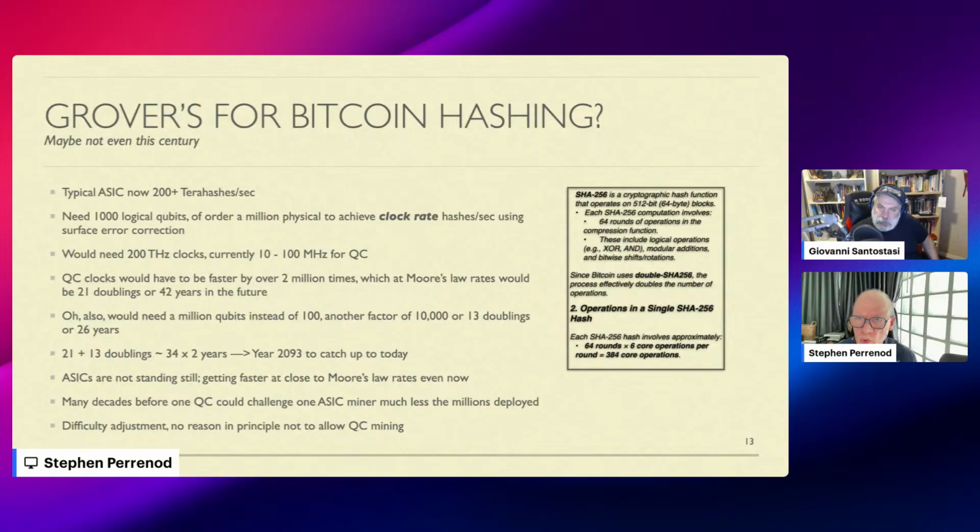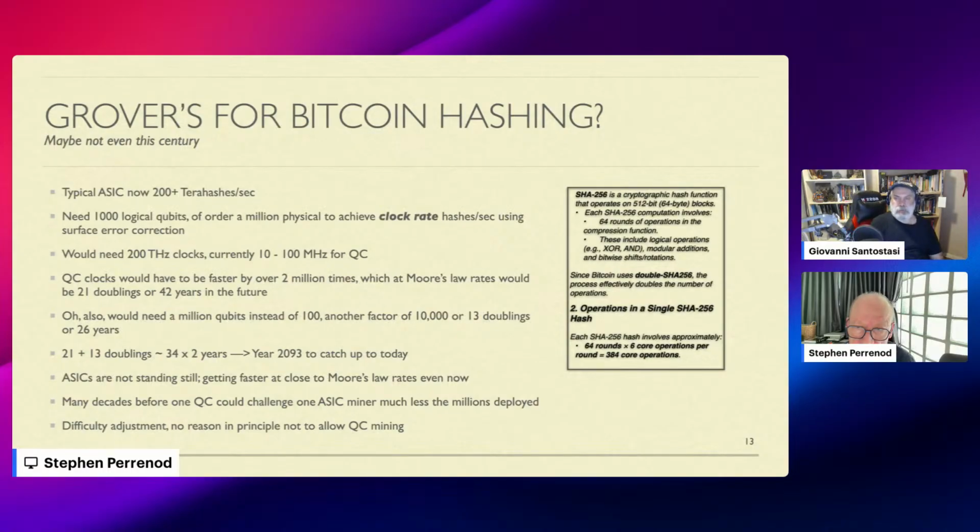You need 1,000 or more logical qubits, and you would need 1 million physical to achieve clock rate hashes per second. So if you have a quantum computer with a 10 to 100 megahertz clock, it would produce that many hashes if it had 1,000 logical qubits.